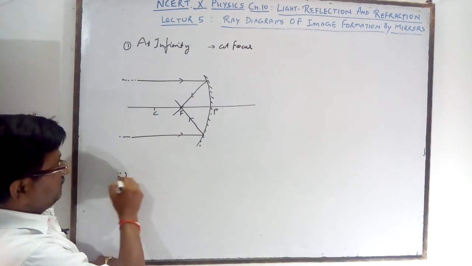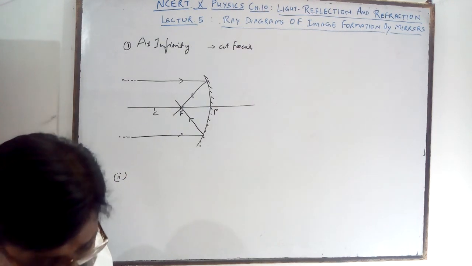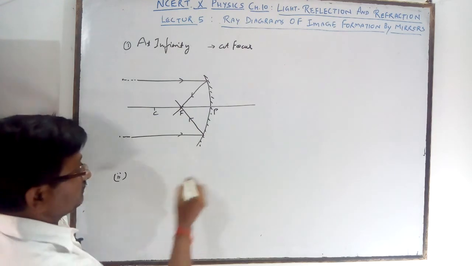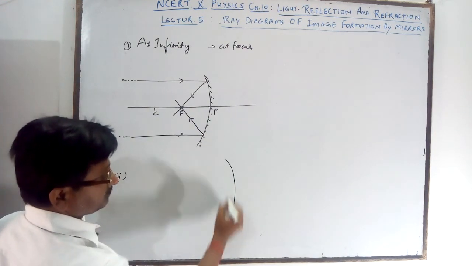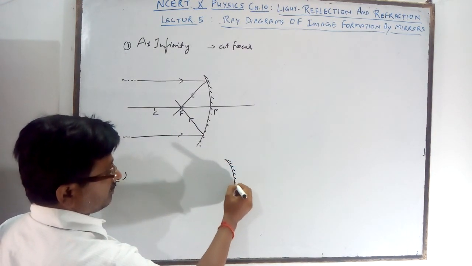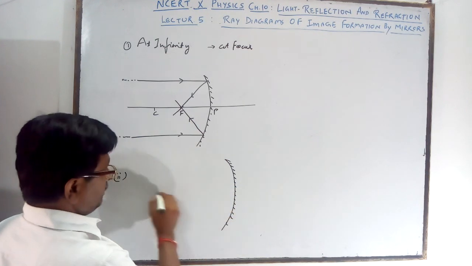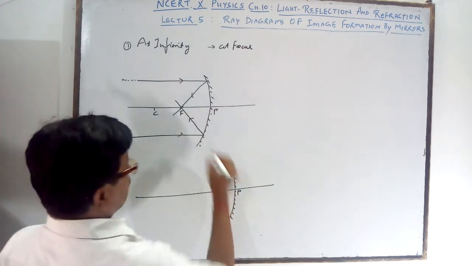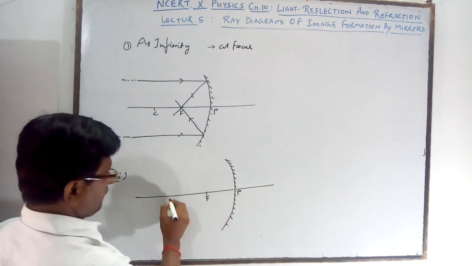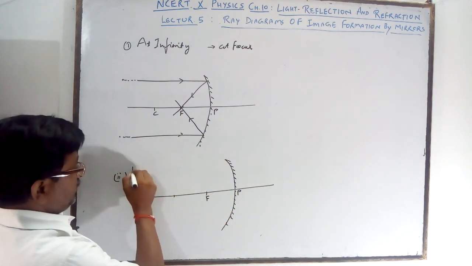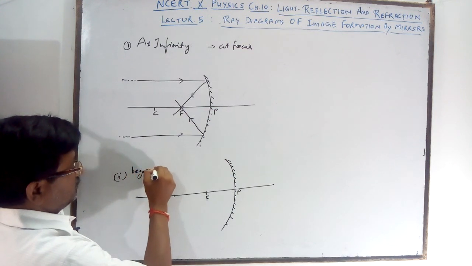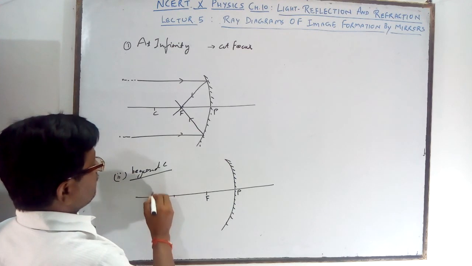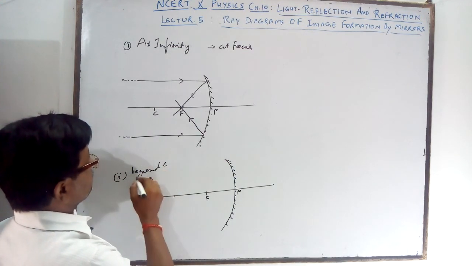Second one is given when the object is beyond C. When the object is beyond C, how will be the ray diagram? Pole, focus, beyond C. Beyond C means the object is at this place.